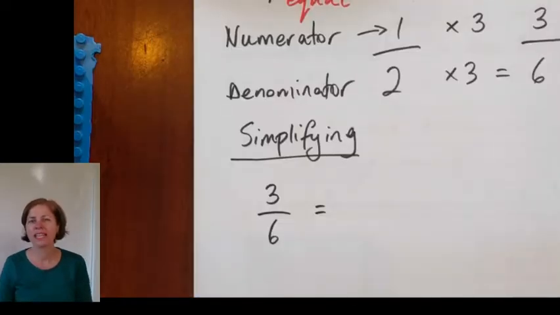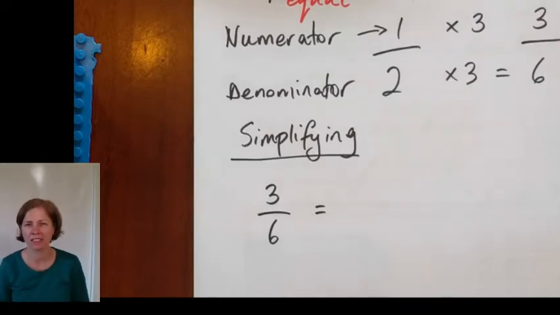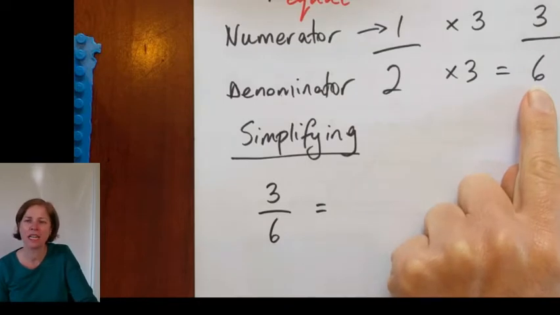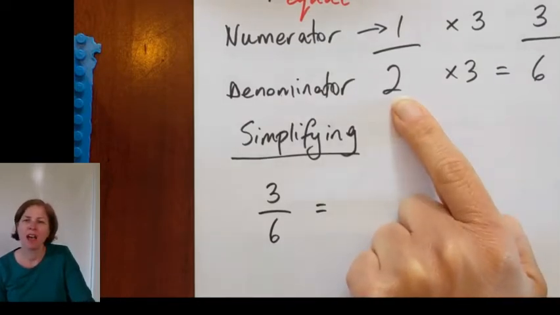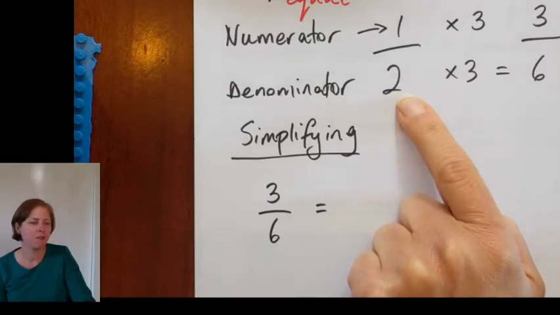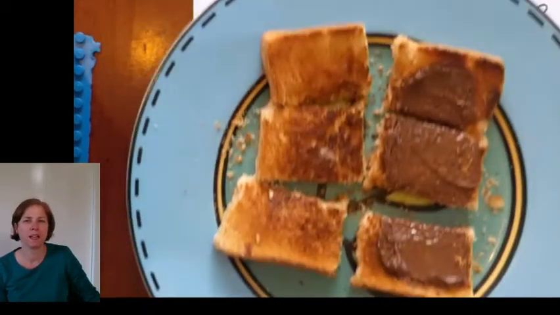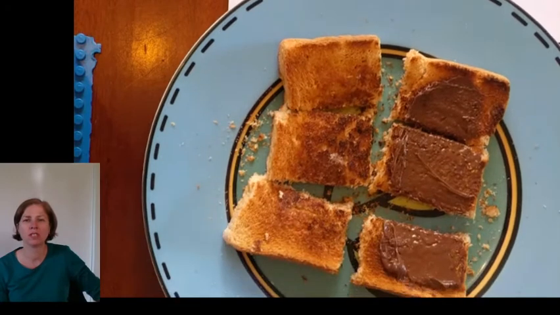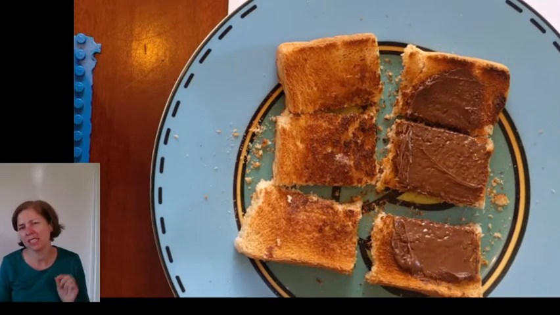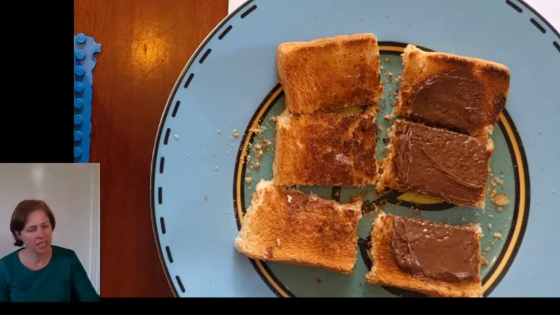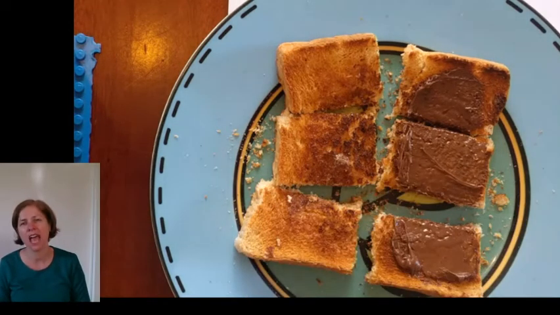Now, simplifying is something that you've probably heard of, or maybe you've heard it called cancelling. That's when I take my fraction that's been divided up more and I turn it into the number that is the simplest fraction. So when I cut up my toast, if I still look at the Nutella pieces, even though there are 6 pieces, I can see that half of those pieces have Nutella.